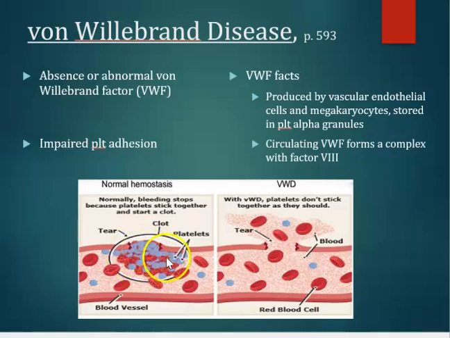Okay, you see all the little blue dots representing our platelets. They help a clot to form and bleeding is stopped. But in von Willebrand disease, platelets do not stick together as they should, so bleeding is allowed to continue. Remember, we refer to the von Willebrand factor as kind of like the glue.